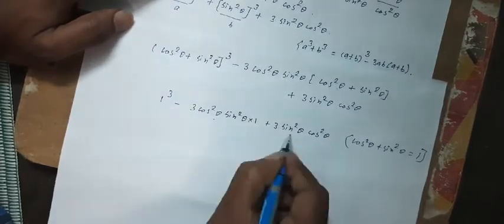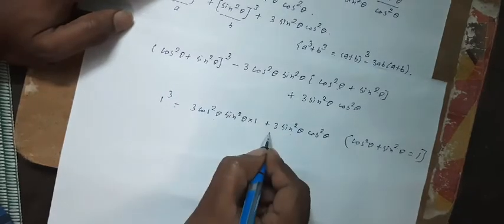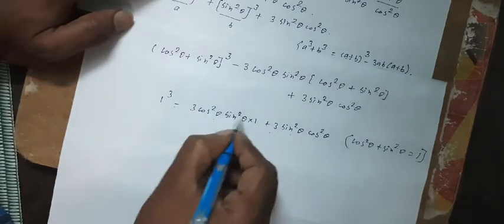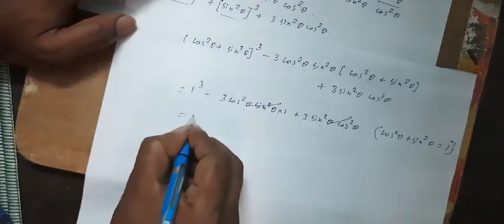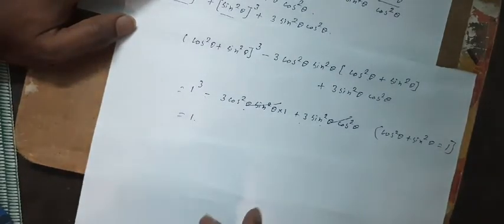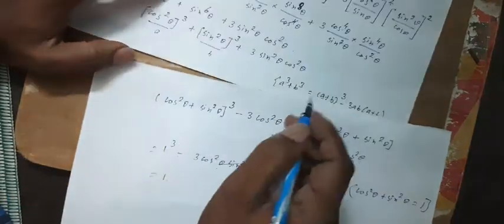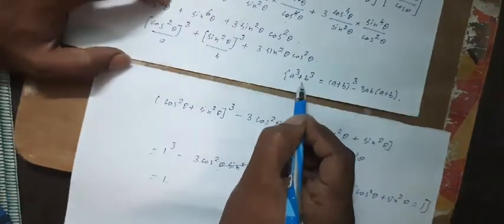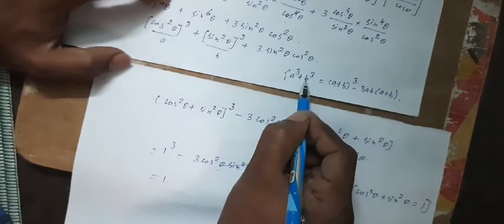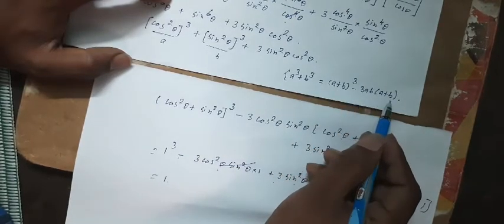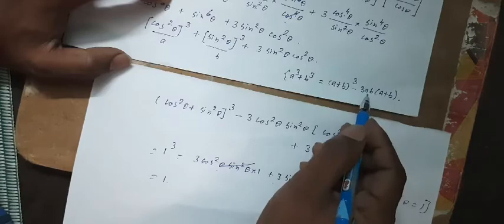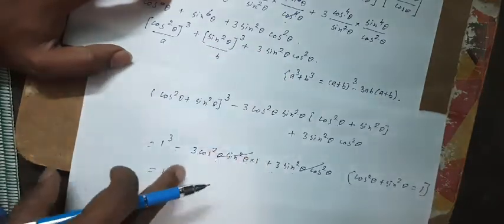Now here there is minus and here plus the same terms, so we can cancel. Next to 1 cube we get the answer 1. Clear? So we can use the a cube plus b cube formula, a plus b the whole cube minus 3ab into a plus b. Understand this formula, and then substitute everything, we get the answer.